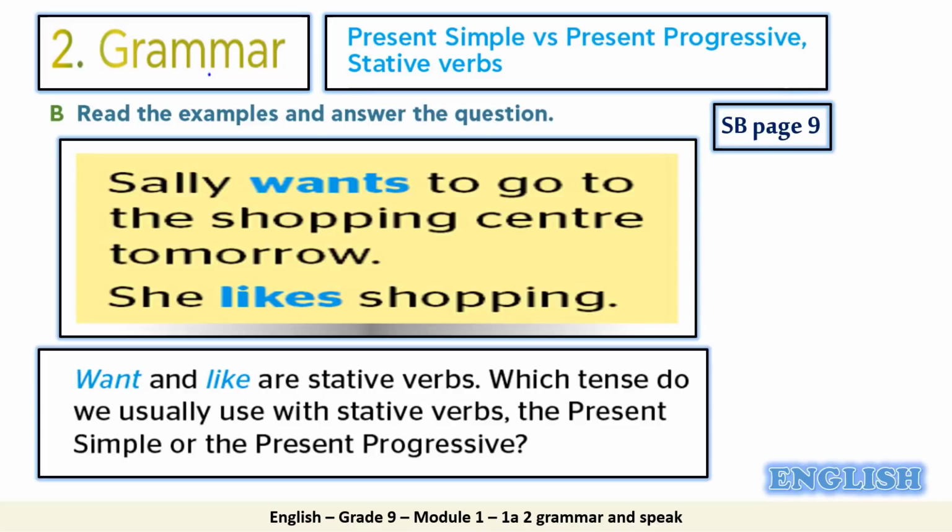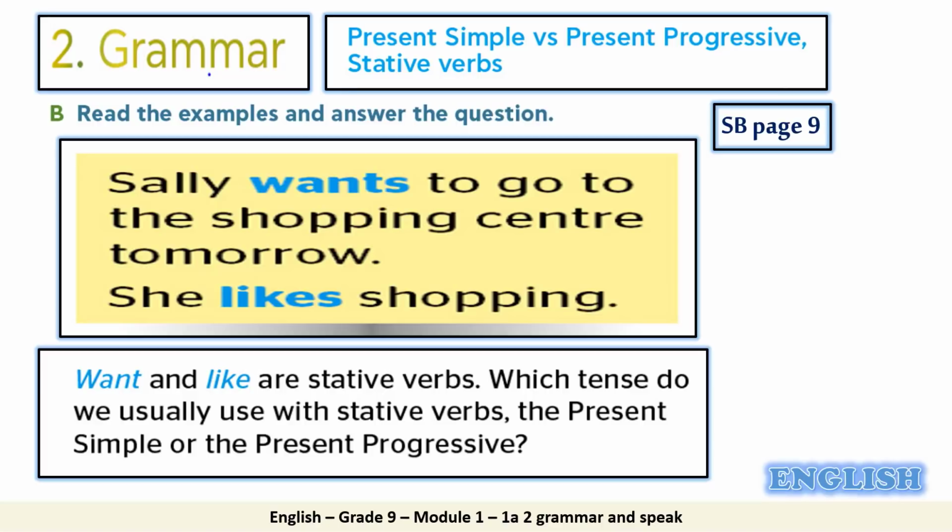Exercise B. Read the examples and answer the question. Sally wants to go to the shopping center tomorrow. She likes shopping. Want and like are stative verbs. Which tense do we usually use with stative verbs?